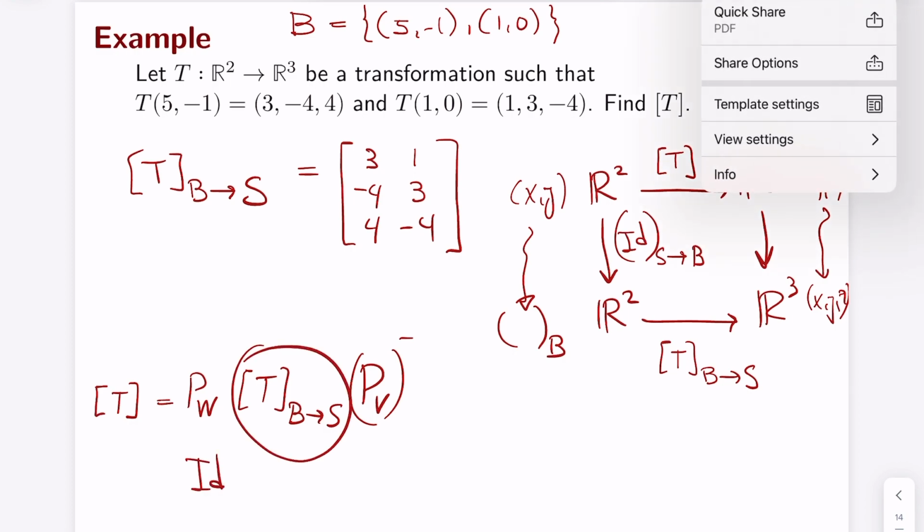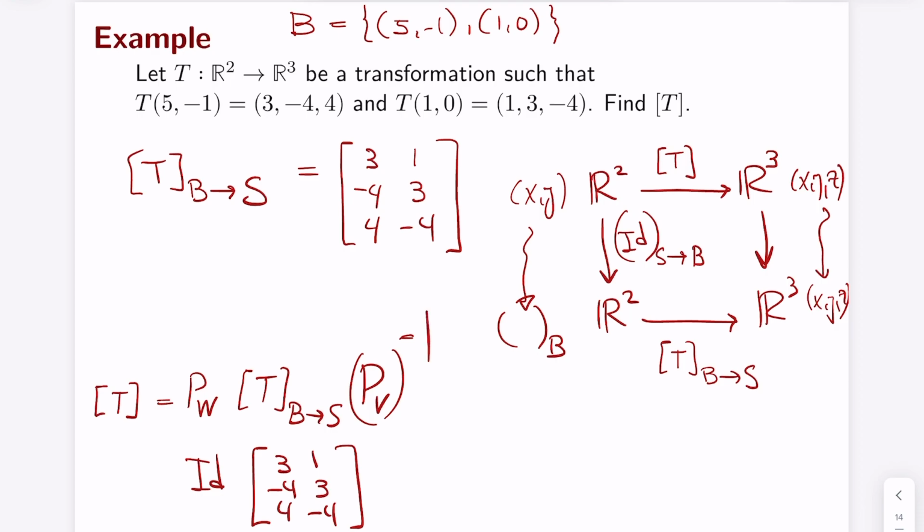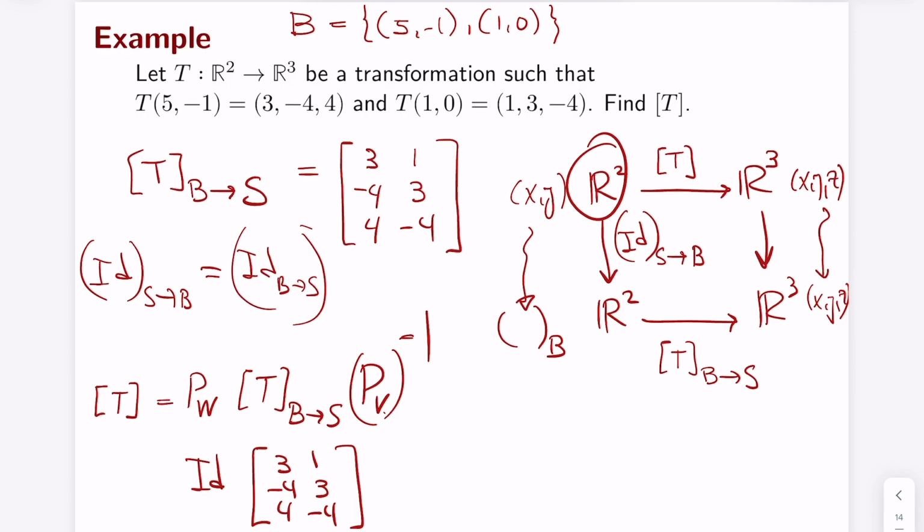This one is the one that we just calculated, is this one here. So we can put this one here, 3, 1, -4, 3, 4, -4. And this other one is the matrix in the first space, and here will be the inverse of this one. So the identity SB is just P_B to the minus 1, I mean the identity BS to the minus 1.